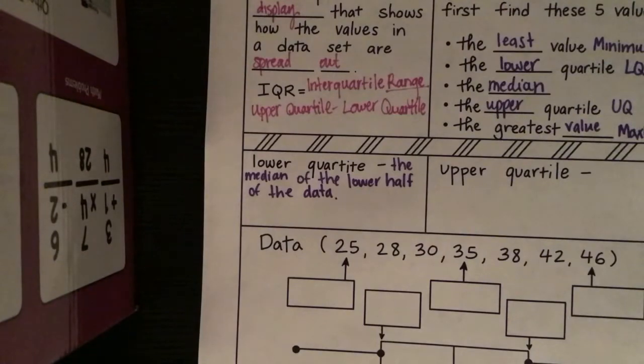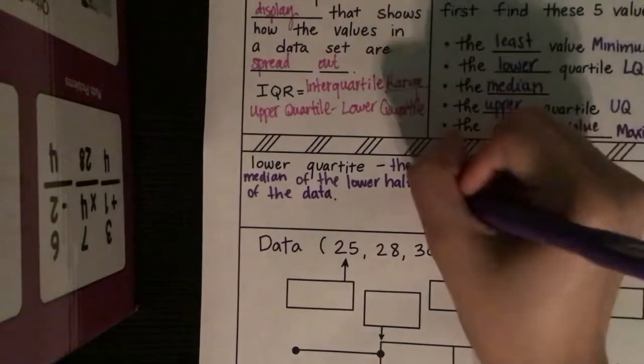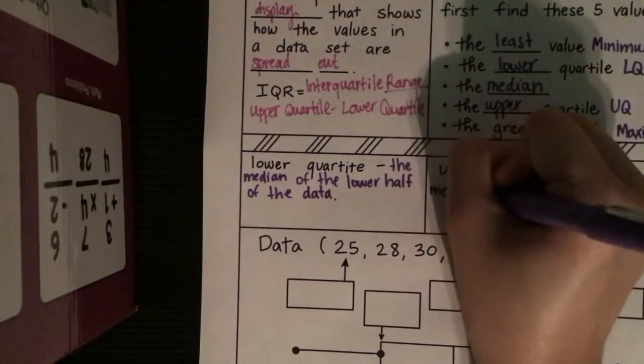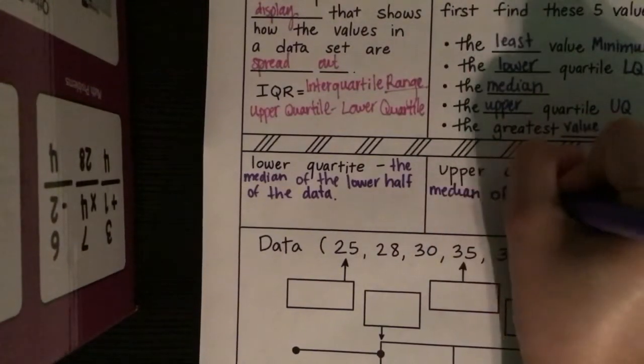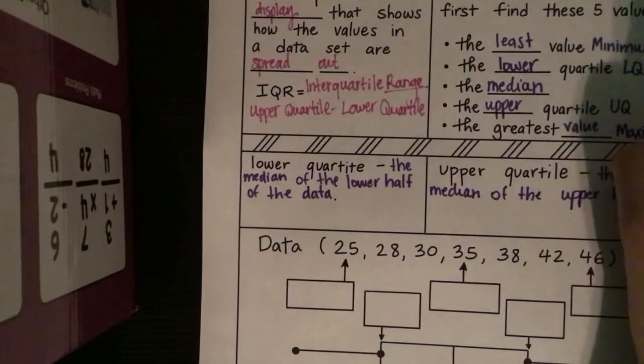And then the upper quartile is the median of the upper half of the data.